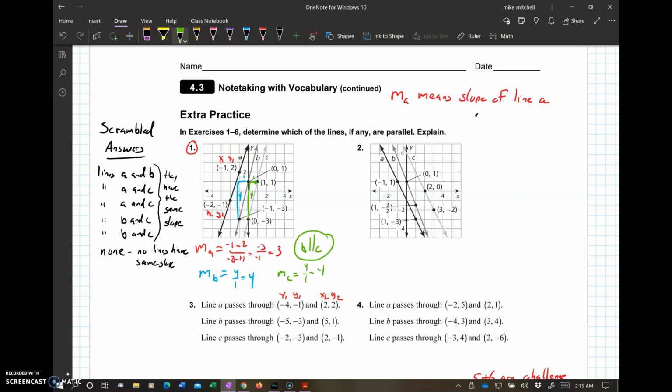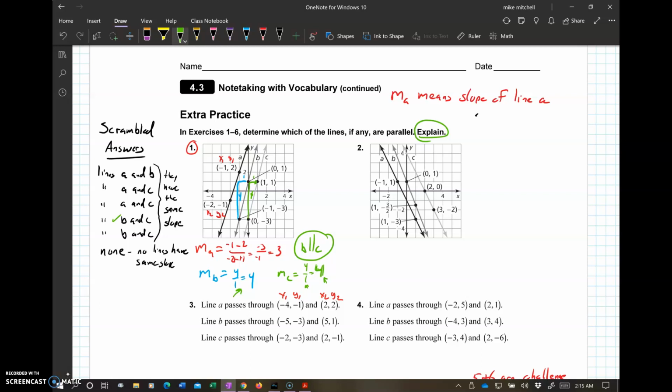I come over here, I can check that. I got lines B and C written right there, have the same slope. That means they're parallel. The explaining, that is the showing of your slopes and how you got them. Okay, I expect to see steps. Write the fraction, don't just write the slope over there.